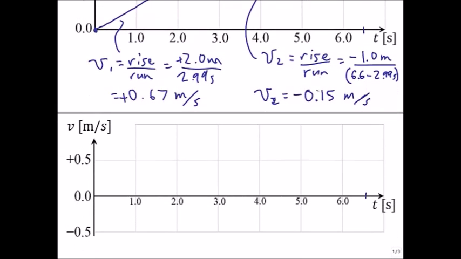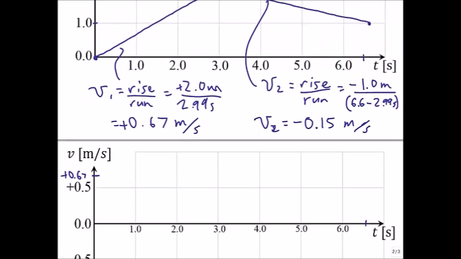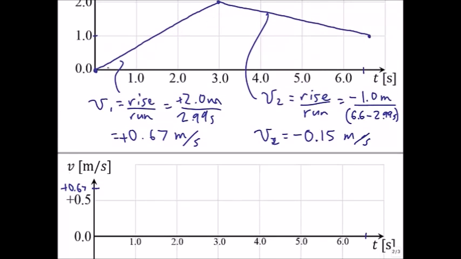So we're able to plot that now. In this graph, here's plus 0.5 meters per second, and there's plus 1, so 0.67 is probably right around here, 2/3 of the way up. So we'll label this as 0.67. That's the initial velocity, and it maintains that velocity from 0 to 2.99 seconds, so it just goes like that.